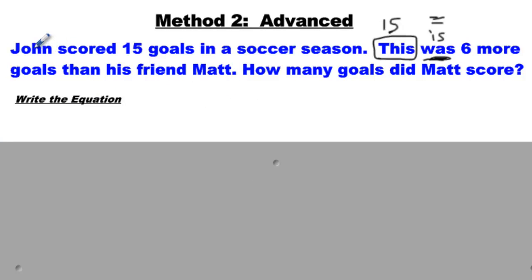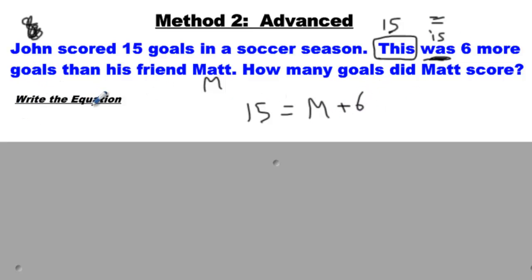No. We know how much John scored. So we don't write a J because we know how much he scored. But Matt, we don't know. So we can write M. And we're going to write 15 equals 6 more than Matt. So was, is, all means the same, means equals 6 more goals than Matt. So we're going to write Matt plus 6.